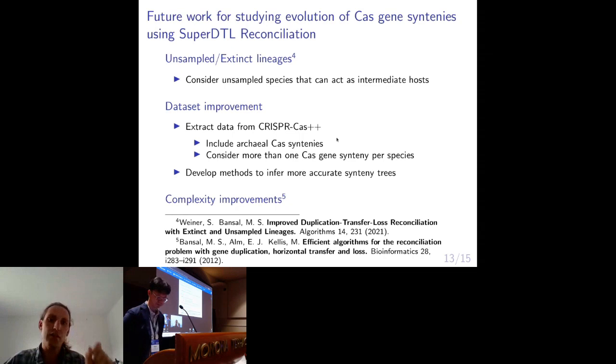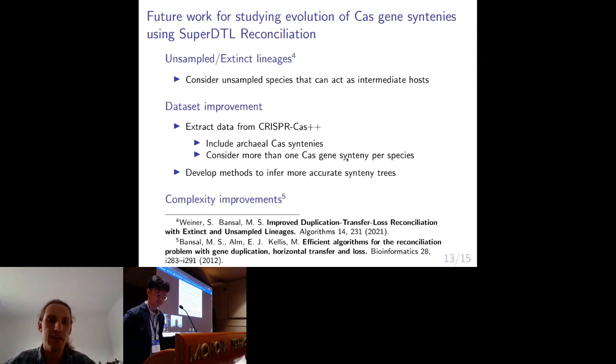Also, in this study, in the paper from Makarova, there was only one gene synteny per species, but we know from this database that some species have more than one Cas gene synteny. So we'd like to produce a more complete dataset to more generally understand the evolution of Cas gene synteny.